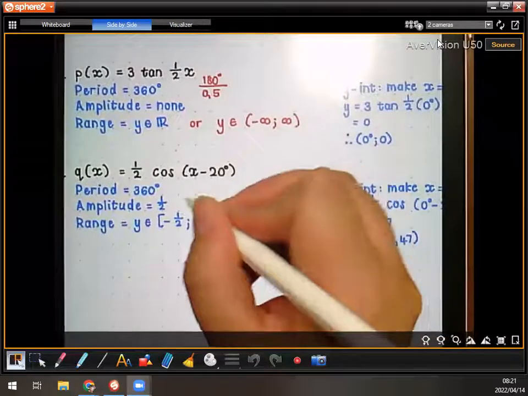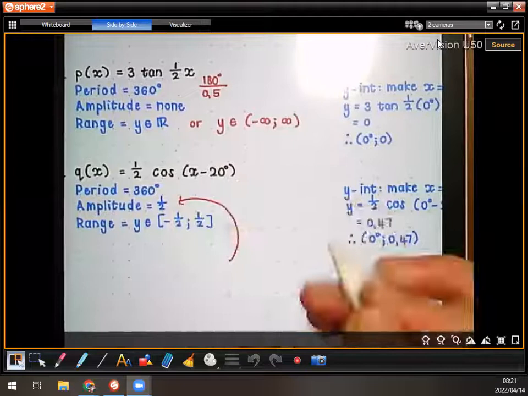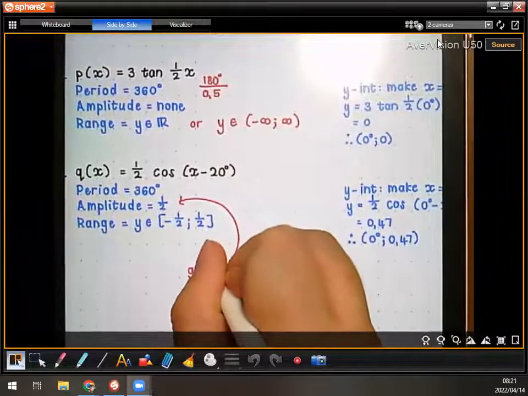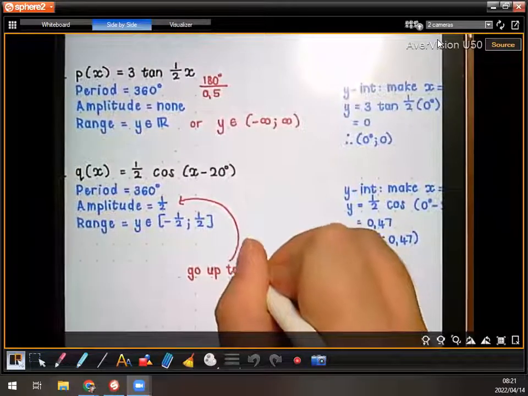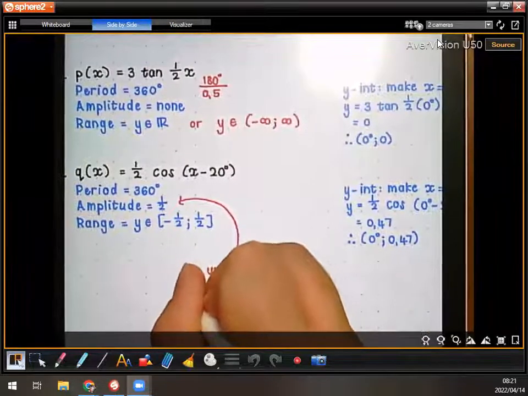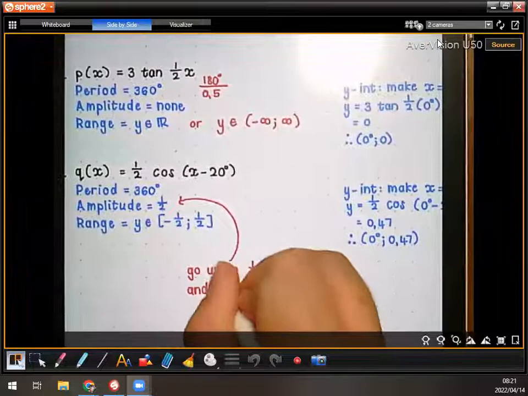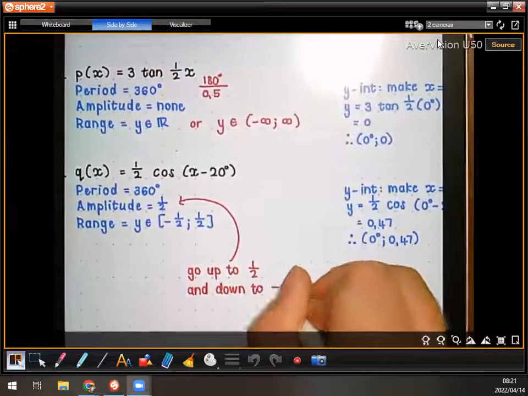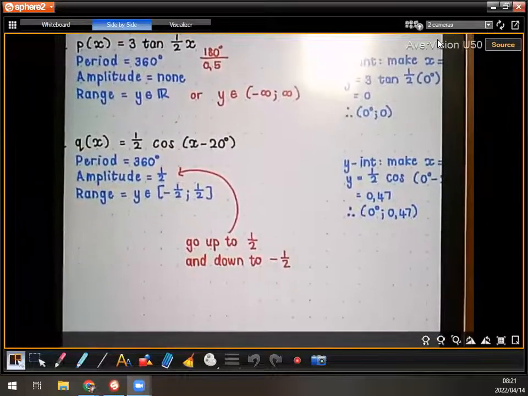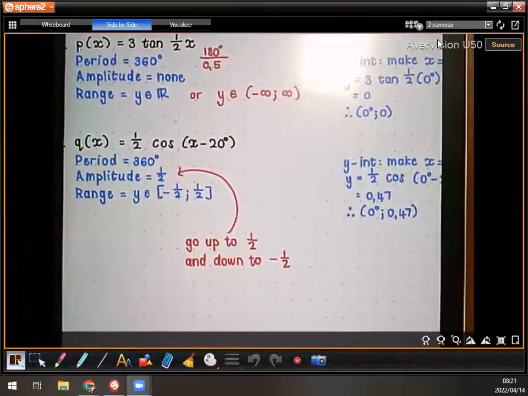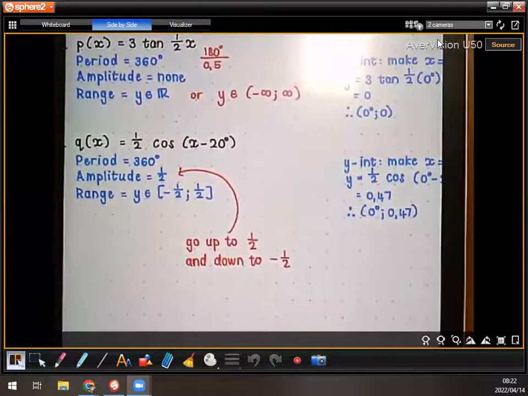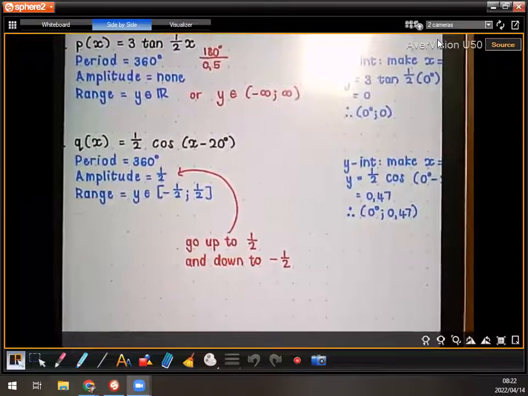So if your amplitude is a half, that means that the graph is going to go up to a half and down to negative a half. So if you know that, you can just say, okay, then my range is obviously going to be from negative a half to positive a half.